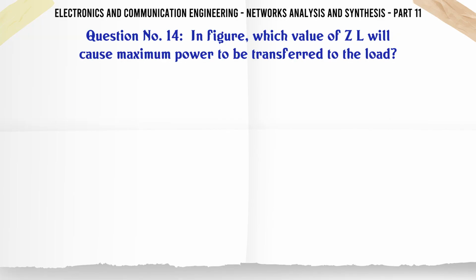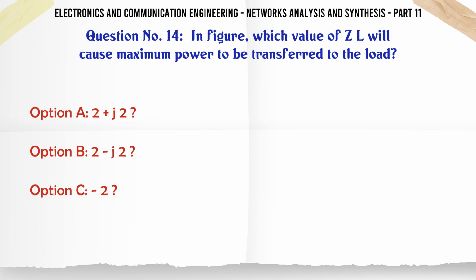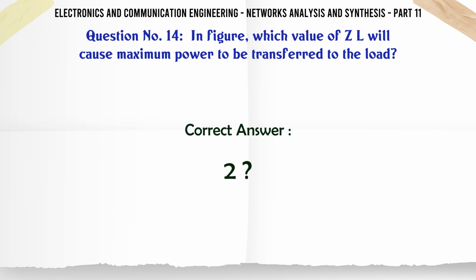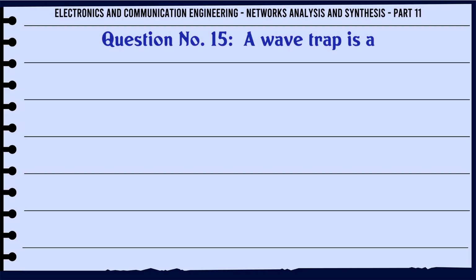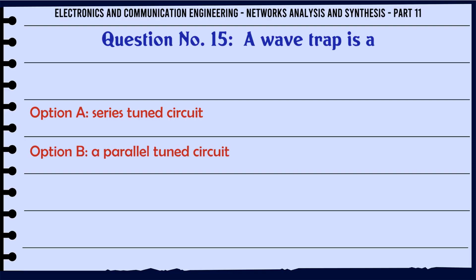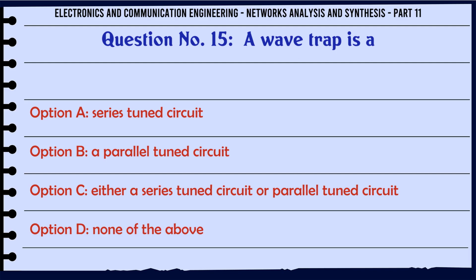In the figure, which value of ZL will cause maximum power to be transferred to the load? A 2+j2, B 2-j2, C 2, D 2. The correct answer is 2. A wave trap is A a series tuned circuit, B a parallel tuned circuit, C either a series tuned circuit or parallel tuned circuit, D none of the above.